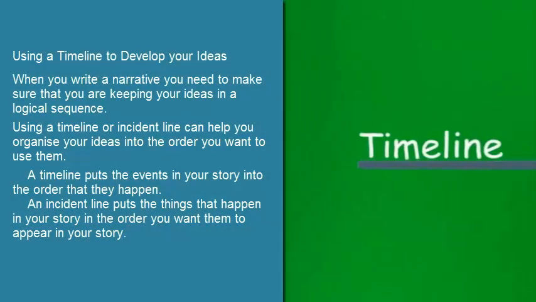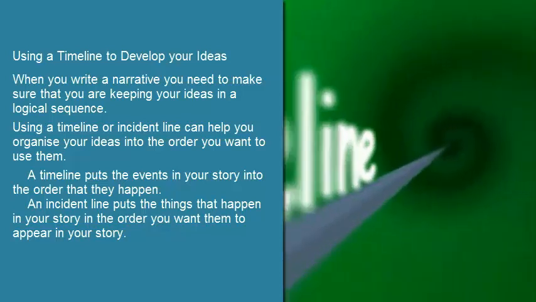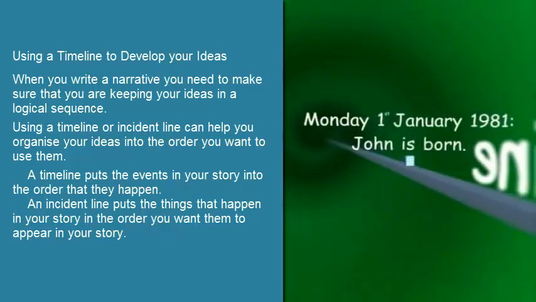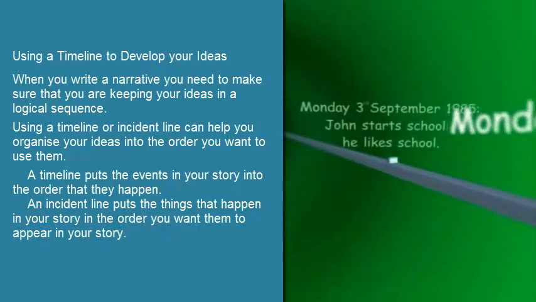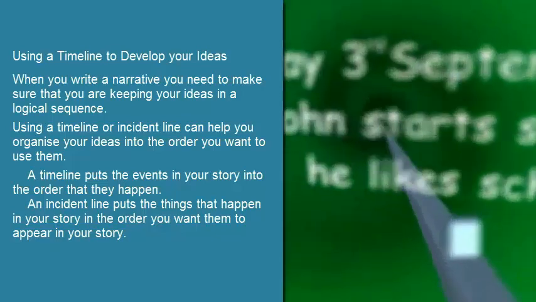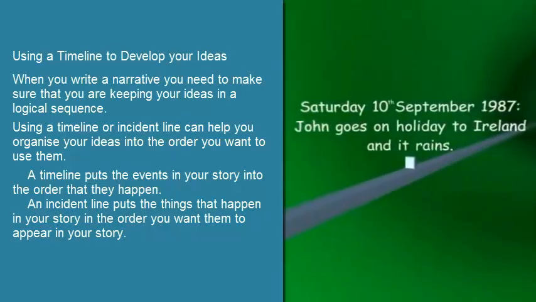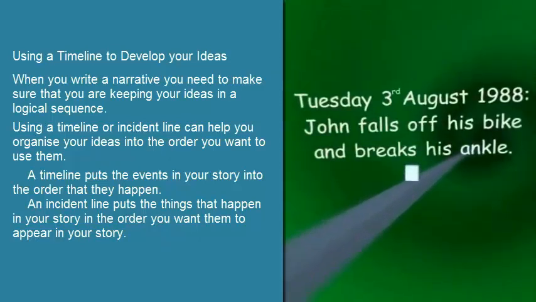Using a timeline to develop your ideas. When you write a narrative, you need to make sure that you are keeping your ideas in a logical sequence. Using a timeline or incident line can help you organize your ideas into the order you want to use them. A timeline puts the events in your story into the order that they happen.